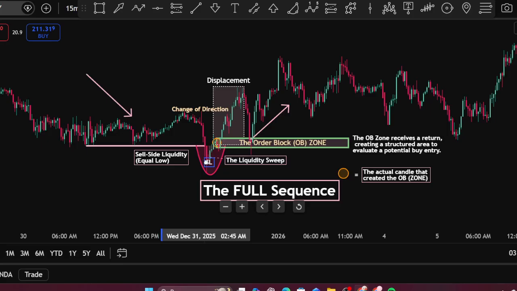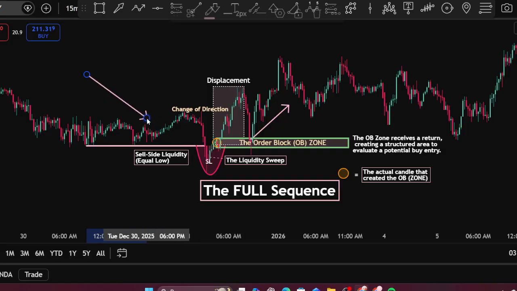Those stop losses are taken. Our next step is our displacement, which is in the white box. The move that is going opposite, because where was the direction? It was going down until the displacement pushed it higher.